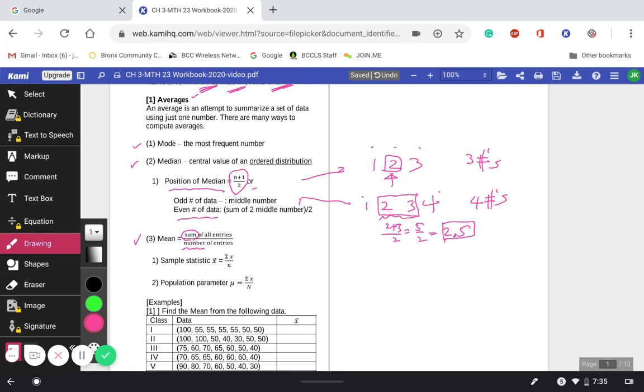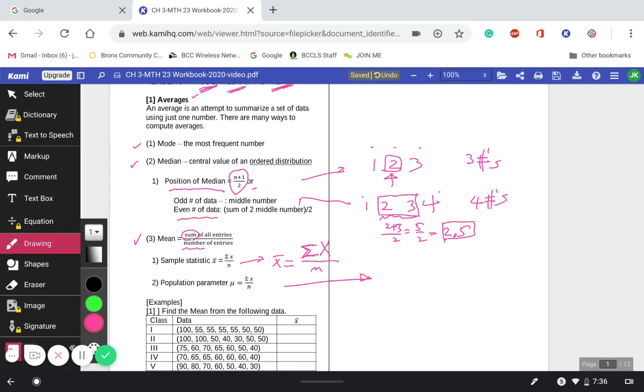When you have a sample mean, we call it a sample statistic. X bar is the symbol that represents the sample mean, which is the summation of all the x's, where x represents each data value, divided by n, the size of the sample.